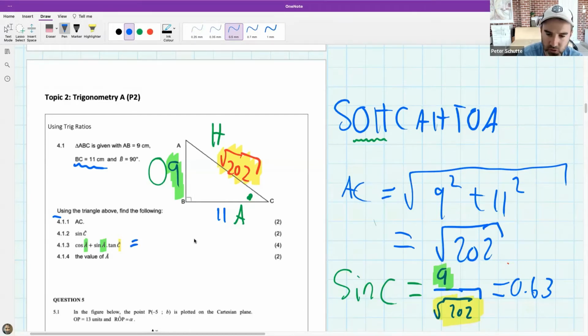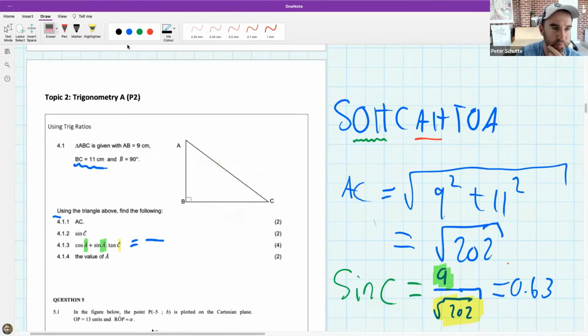So the cos of A, it's still the same angle, except ask yourself, what's cos? Cos is A over H. And so for this drawing, the cos of A, oh, this is what's sneaky. Okay, wait. Let's rub all this out for the moment. Cos of A means this angle over here is in focus.